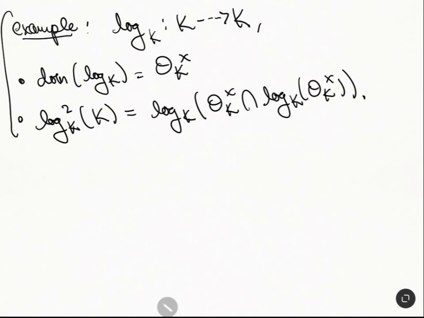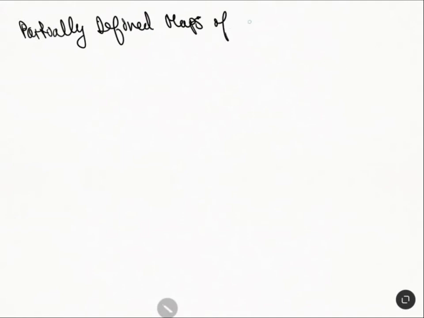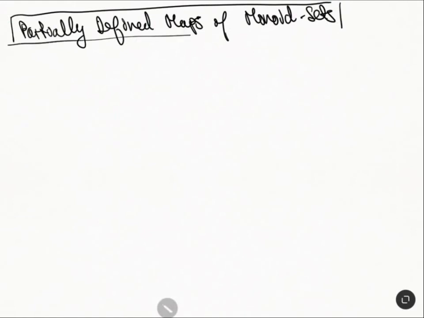Okay. All right, so this is what we defined, our first category. The second category we need is partially defined maps of monoid sets. This is like a G-set, but for an M-set.